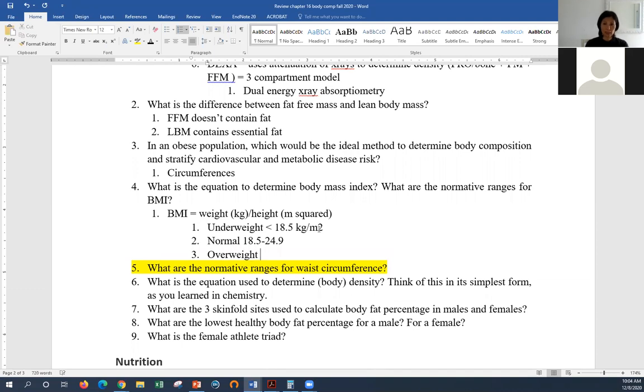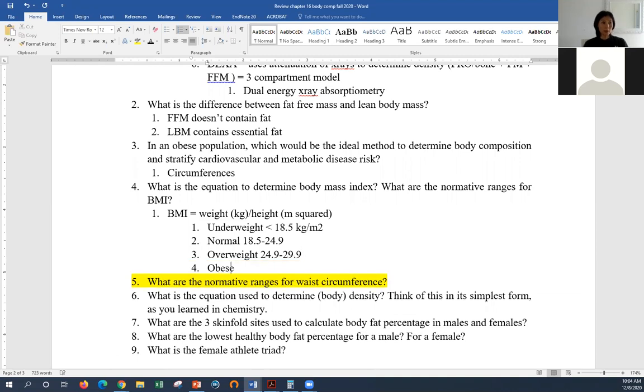Overweight is 24.9 to 29.9 kilograms per meter squared, and obese is anything greater than 30 kilograms per meter squared. Make sure to know these normative ranges. You will definitely, well, you may see it on the test.